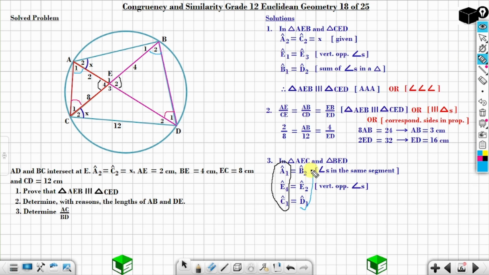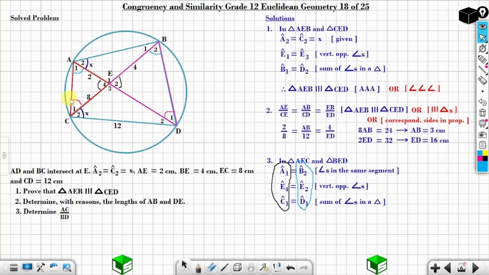These three angles are from another triangle. The reason why the third angle is equal is the sum of angles in a triangle. Or you can prove it if you want. Let me show you.